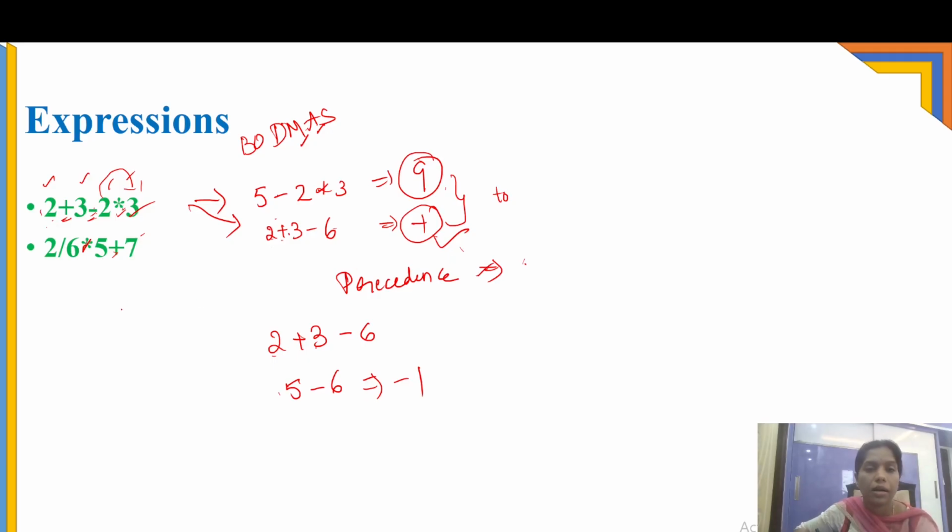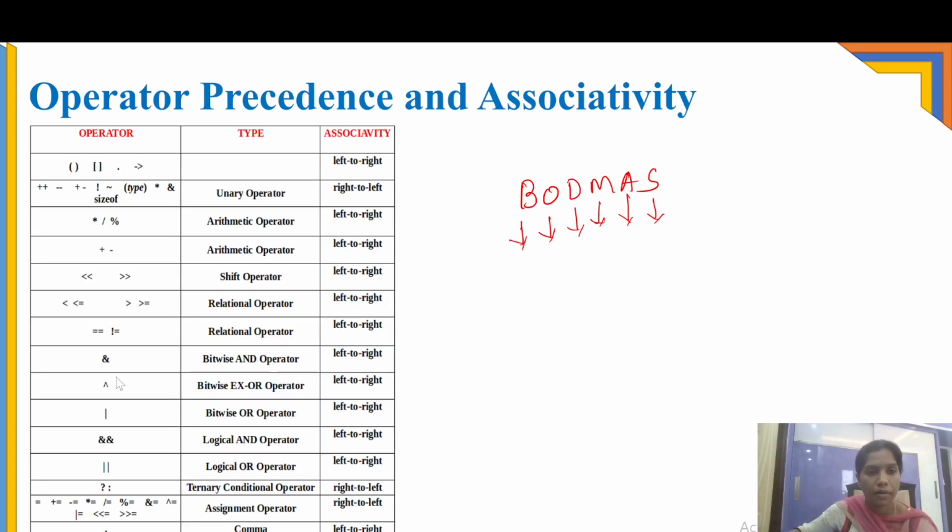And next, associativity. See here, the operator braces have the highest precedence. Next, unary operators. Just now we have discussed pre-increment, post-increment, right? And sizeof operator. Sizeof operator gives the size of the particular data type.